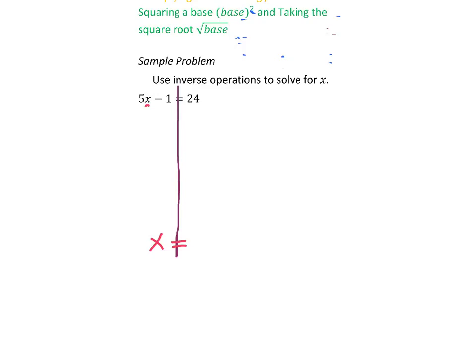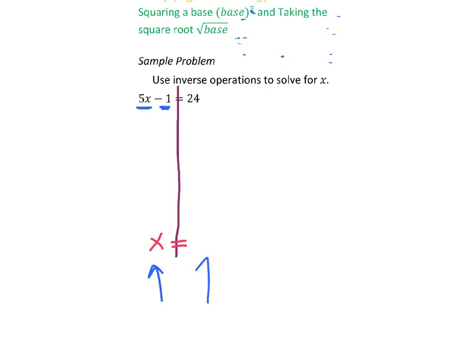There's kind of a little cheat to this. And what that is, is to start with whatever's farthest away from your variable. Cancel that out first. So for example, this 5 is in the same term as the x. This minus 1 is in a different term. So if we're looking at this side, right, we're only looking at the side where x is at because we want to get x by itself.